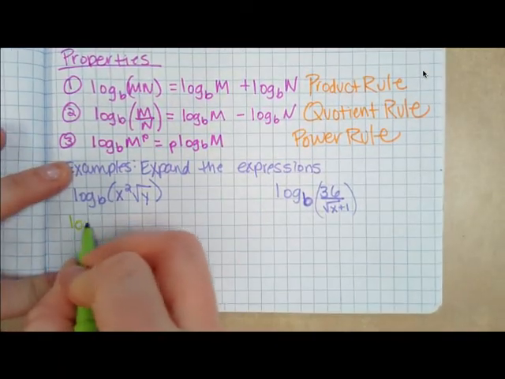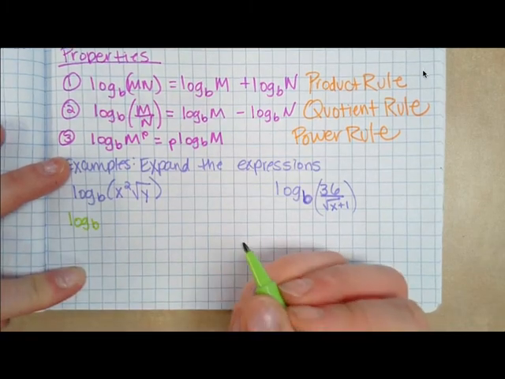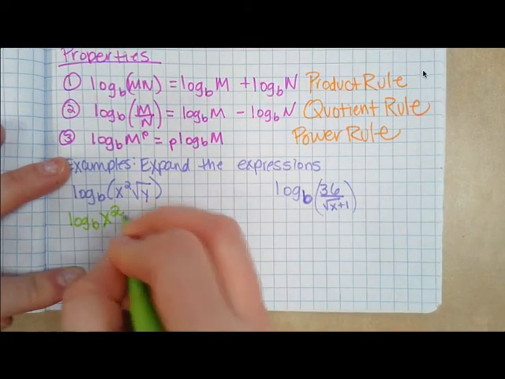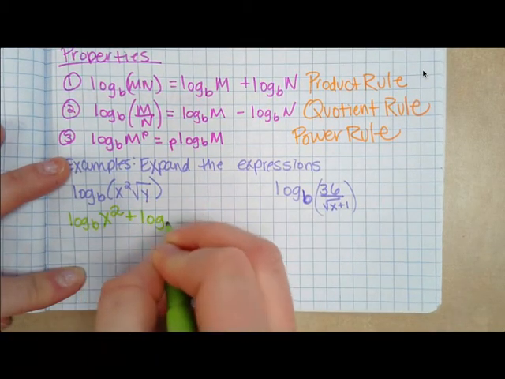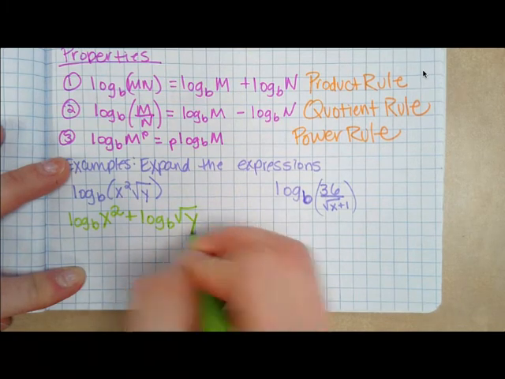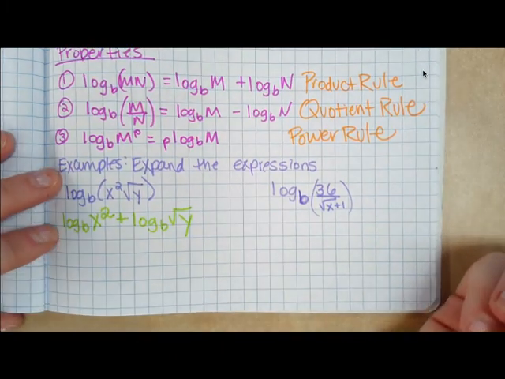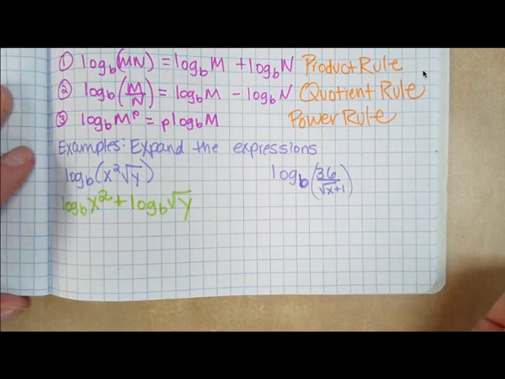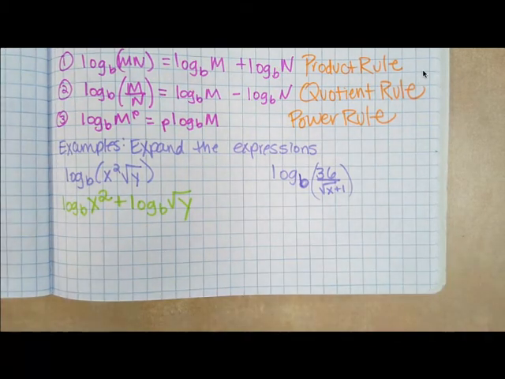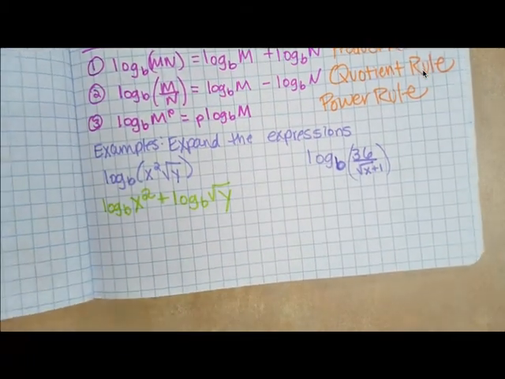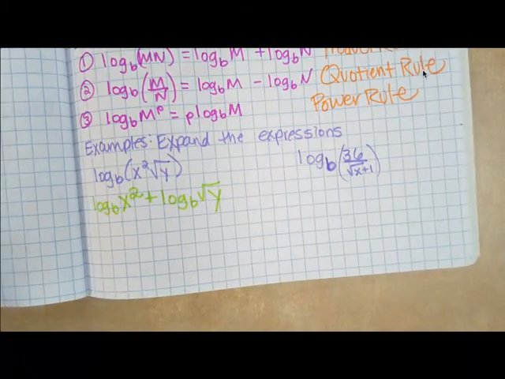So the log base b of x squared plus log base b of the square root of y. And then what would be the next rule we could use? Well, or how else could we convert it, I guess?